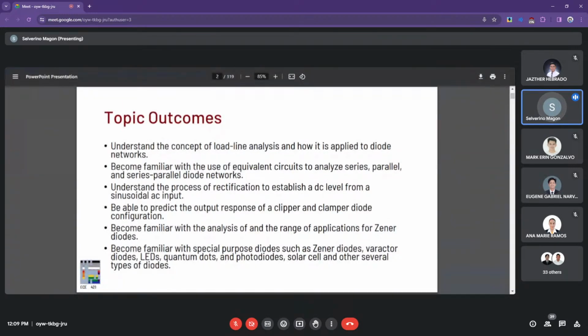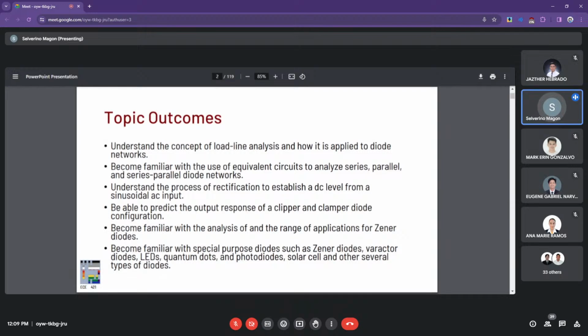Okay, so here we will cover the load line analysis and some essential rules when analyzing or designing diode networks. Some of the sample configurations that we look into are the connections of diodes in series, parallel, and any combination in between.